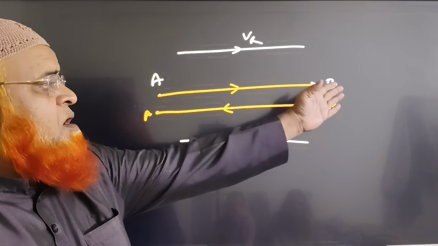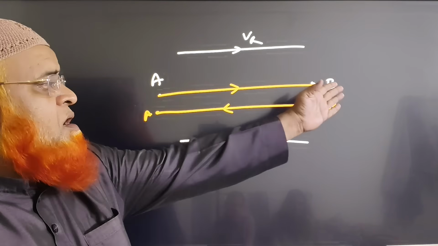So what is the total time here? Total time of the journey, time net, is nothing but time downstream plus time upstream. Time is nothing but distance by velocity.